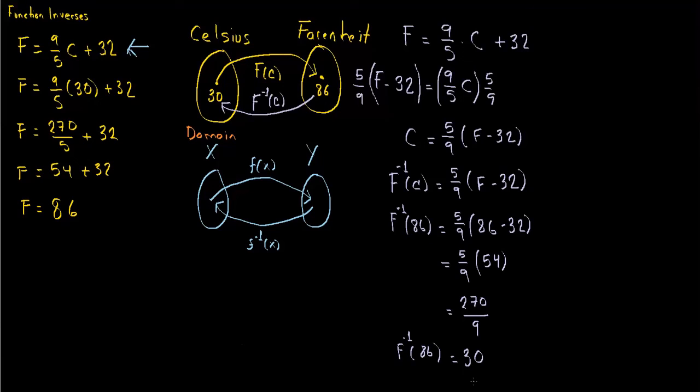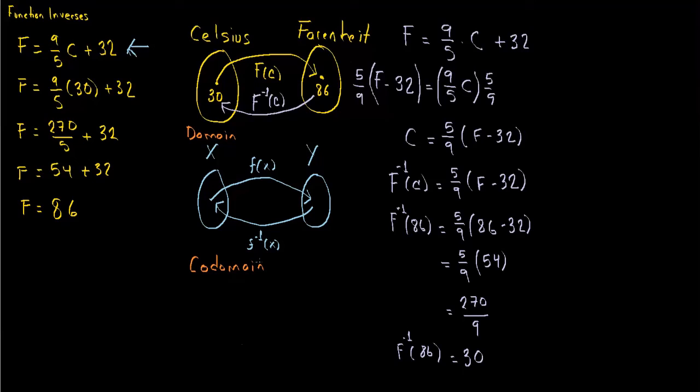In other words, the domain of f of x is actually the codomain, or the outputs, of f inverse of x. For codomain, you may have heard this called image or range. I don't know how you may have heard it before. It's just the same thing.